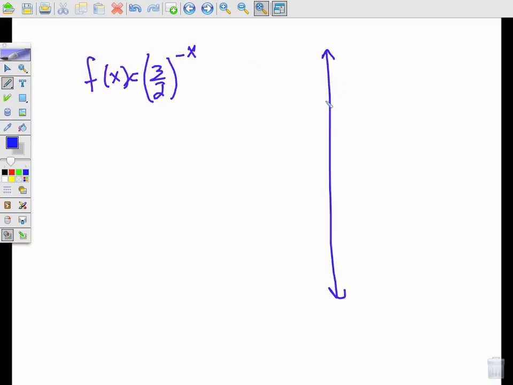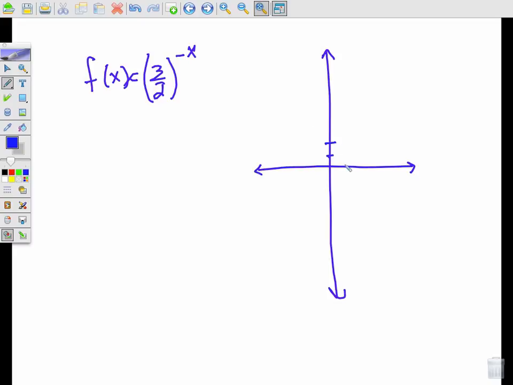Let's try the next one, which is f(x) = (3/2)^(-x). Again, we've got similar situations here.